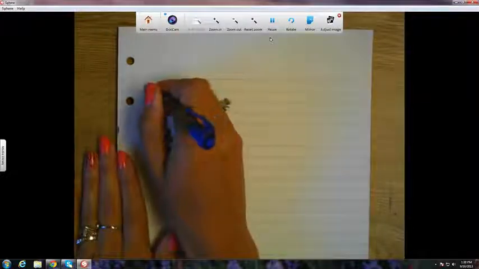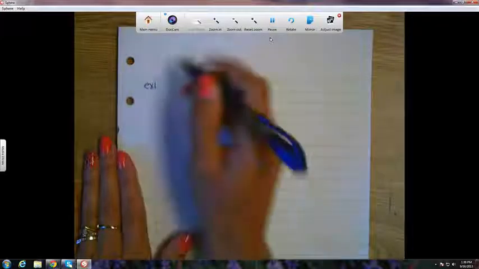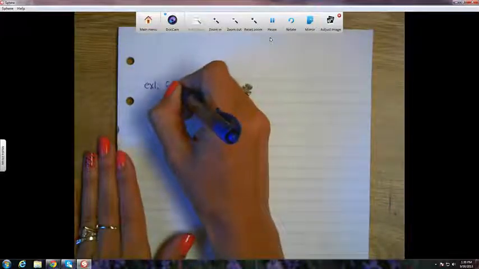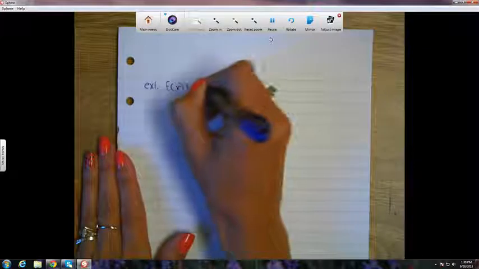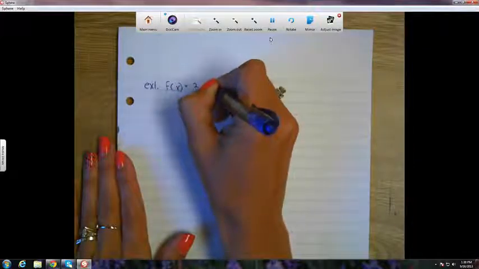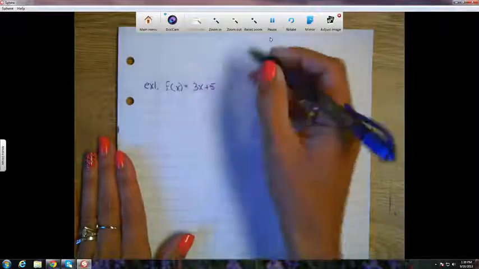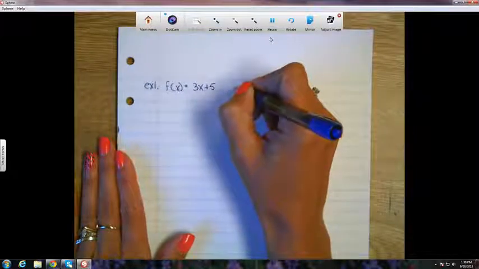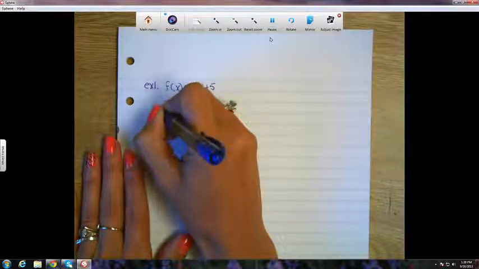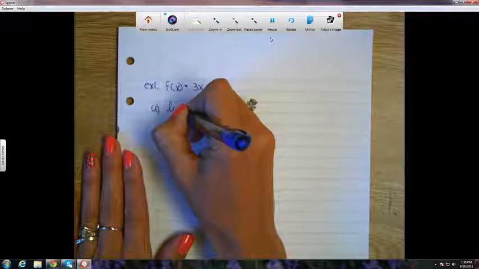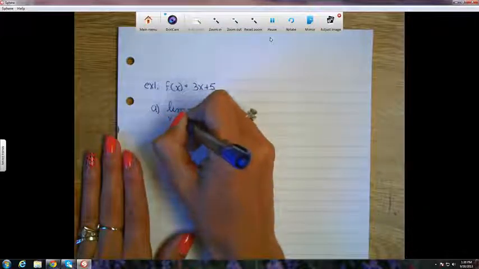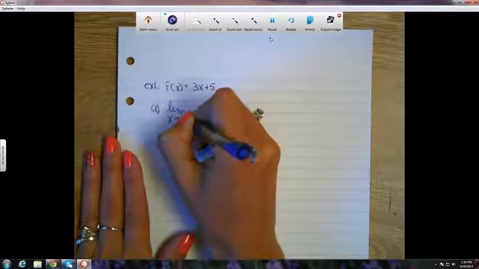So the first one, we've got f of x equals 3x plus 5. And we are going to find the limit as x approaches 4 of f of x.